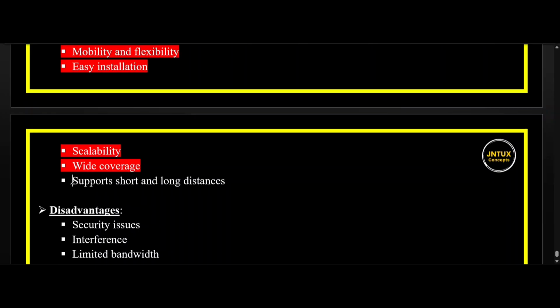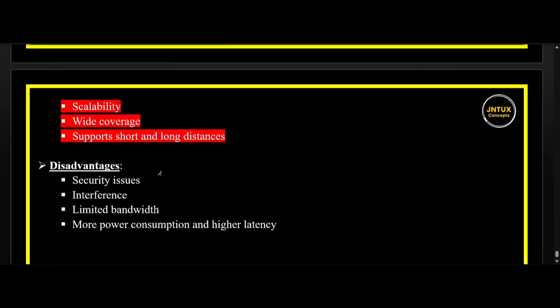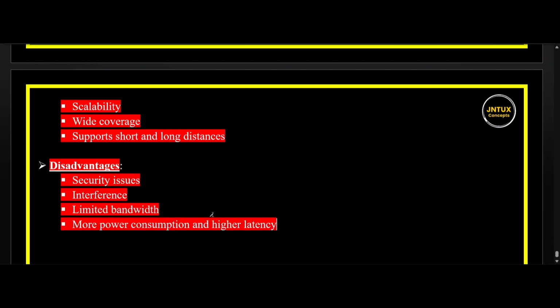It supports global coverage. It supports short and long distances. It also has some disadvantages like security issues. Wireless communications can be tampered with in between the transmission. Other disadvantages are interference, limited bandwidth, more power consumption and higher latency. These are the limitations or disadvantages of transmission media.